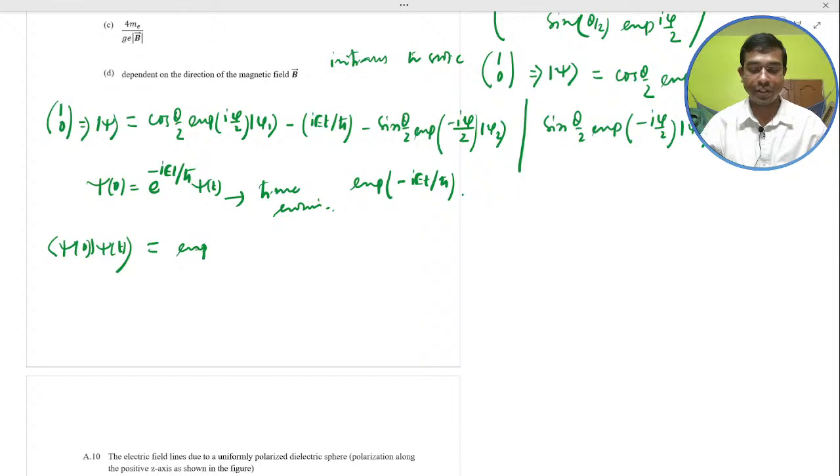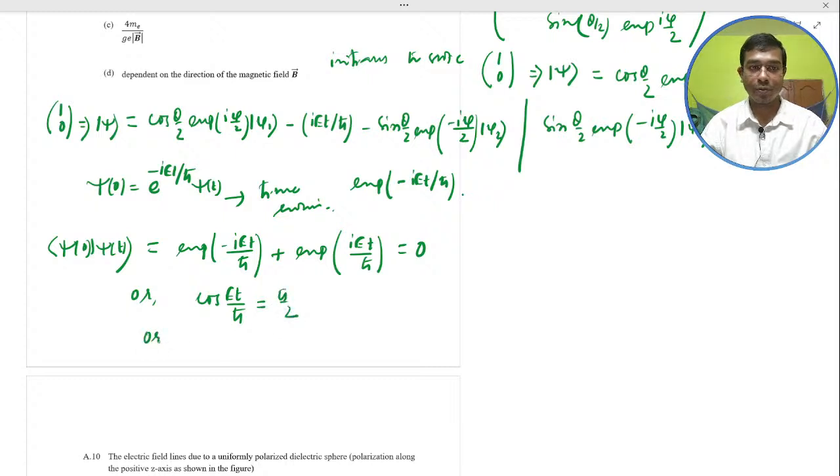This will become exponential minus i t by h cross plus exponential i t by h cross, that will be 0, or the cosine of E t by h cross will become pi by 2, so t would become pi h cross by 2 E. This will become pi h cross divided by 2 E naught b.